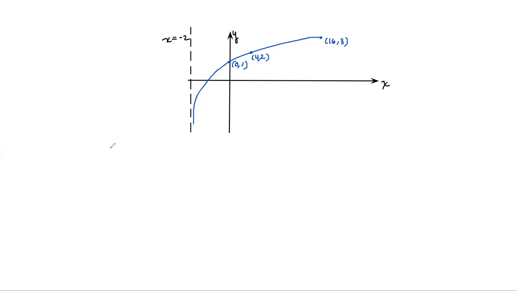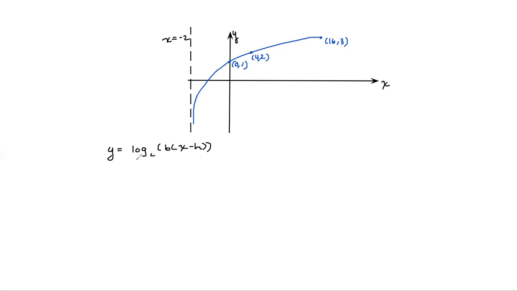So if we are looking for a rule that looks as follows, log base c of (bx minus h). Well, as we've seen, h is basically the value of the asymptote. So we can replace h right away with the value of -2.